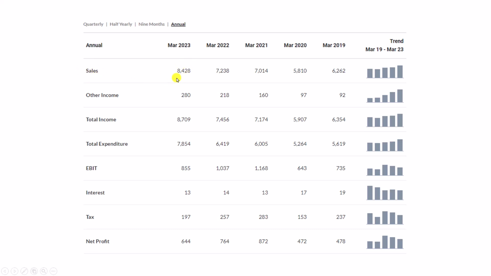Sales, this figure, this is the amount generated from selling whatever is the core product of this company. Now try to understand, the amount generated by selling the core product of this company.